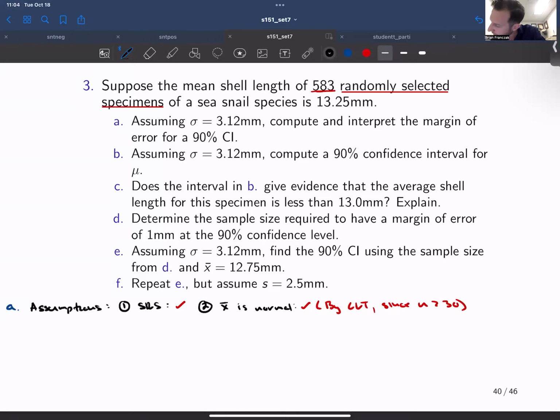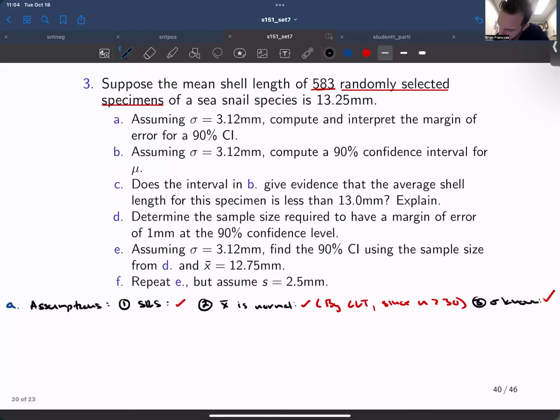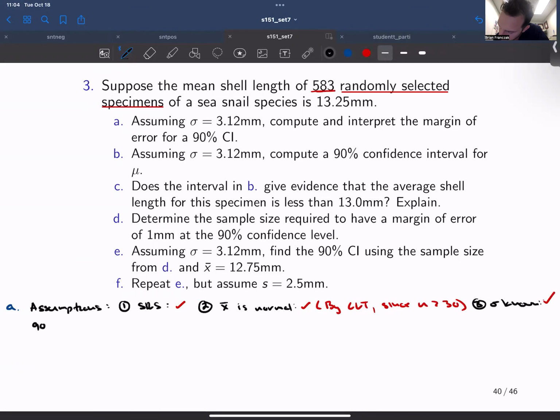And then the last part is sigma known, which is true. We're told sigma is 3.12.